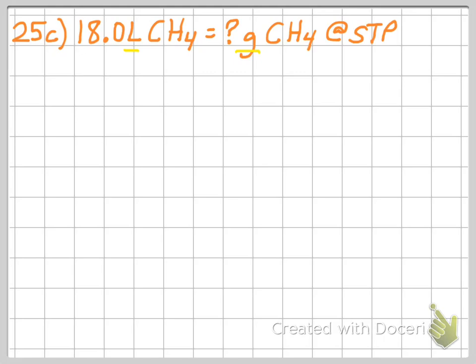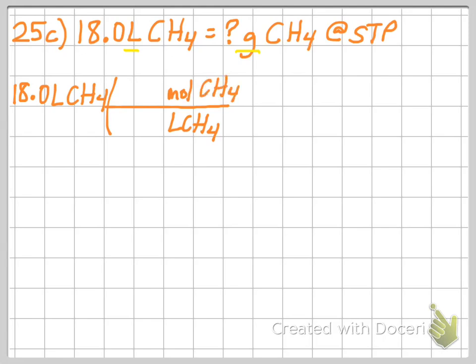So, again, I'm going to start with my given, which is the 18.0 liters of CH4, and they told us it was STP. Liters go on the bottom. The tool that I have that has liters in it is molar volume, which has moles as the other unit. So again, this is that tool of molar volume.